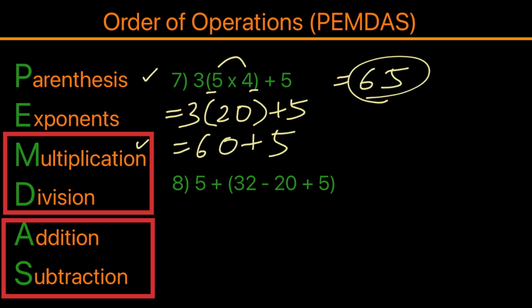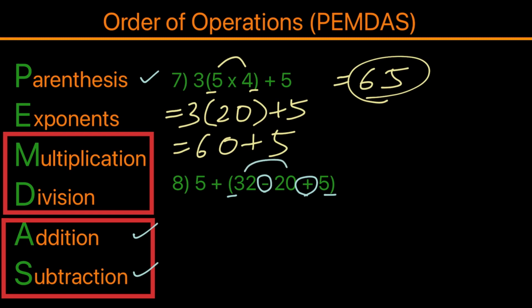Moving on to the last one. In this example, we can see it's just addition and subtraction. But we need to work on everything that's inside the parentheses first. And what's inside the parentheses are subtraction and addition. Since they fall in the same group, we'll do them in order.